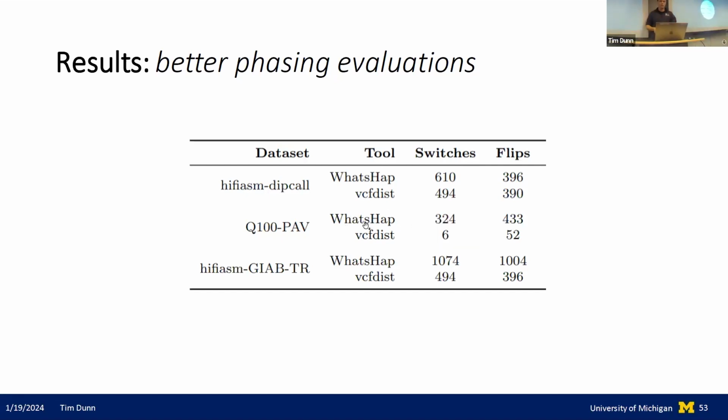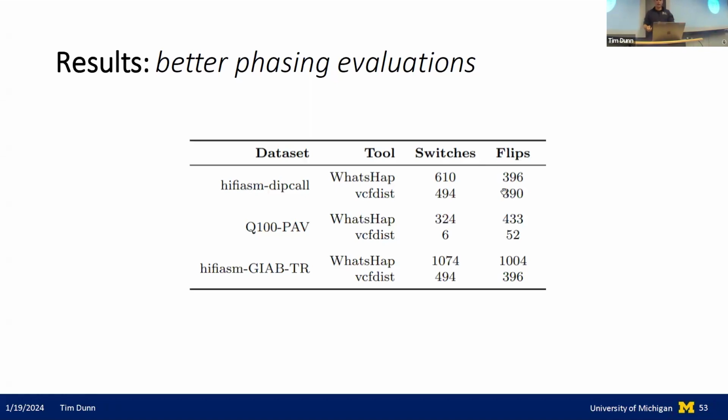And we compare to existing work, WhatsApp. This data set originated from a HiFi-ASM de novo long read assembly. And this third data set originated from the same de novo assembly, but just using a different method for calling the variants. So we would expect very similar performance in terms of switch and flip errors between the 2.